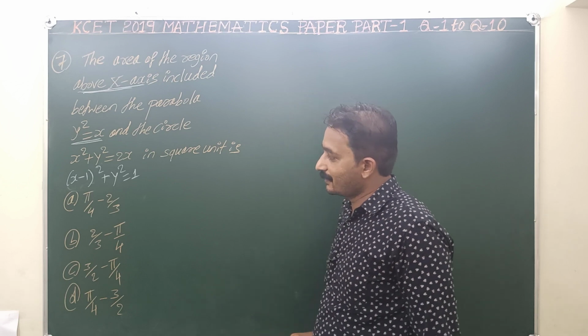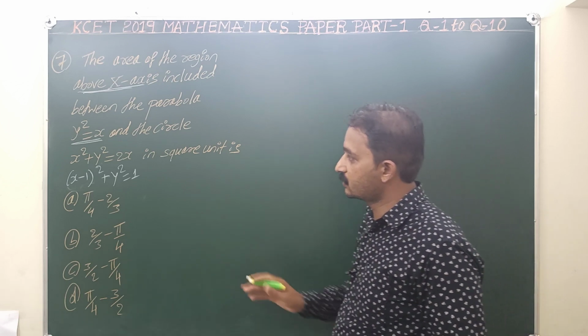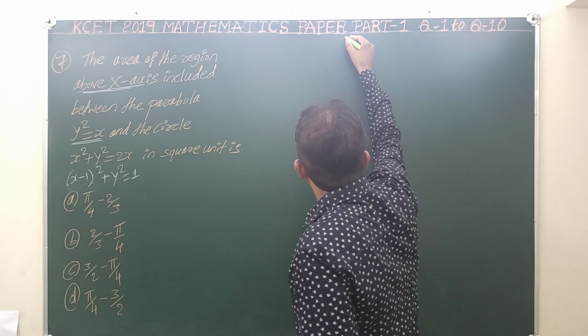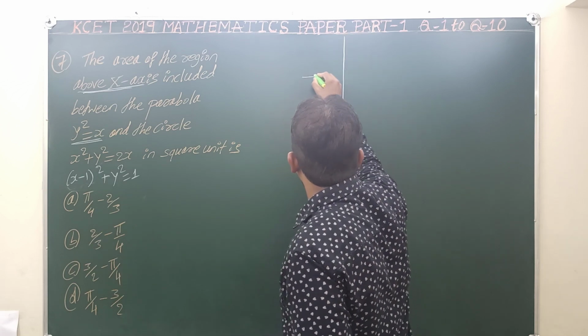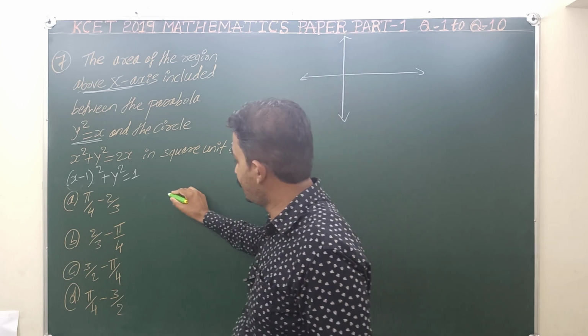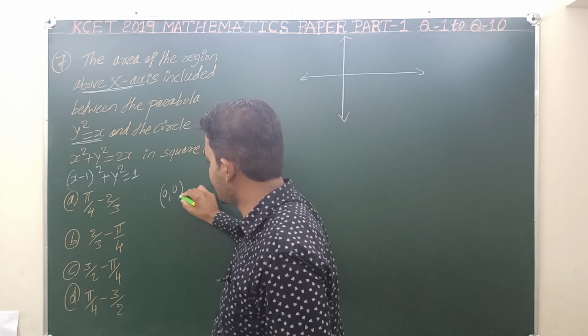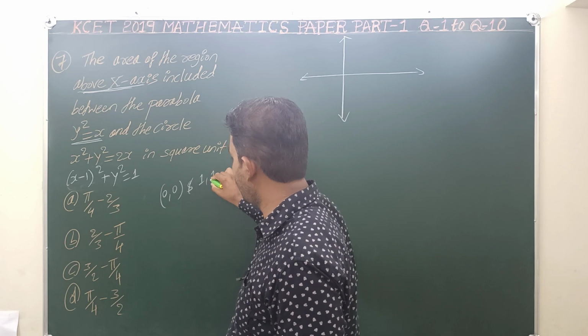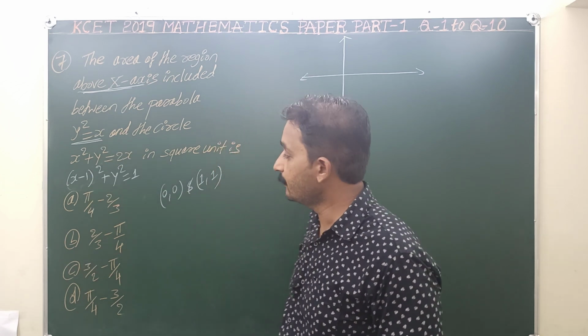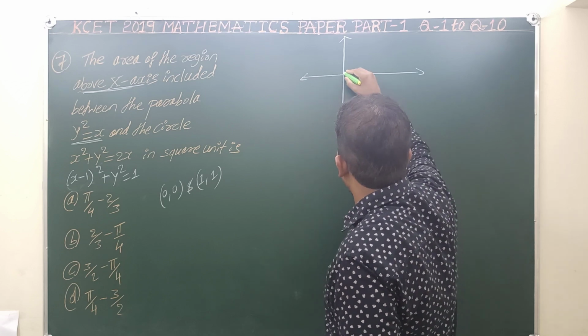So in this case we need a rough figure of these two graphs. Both the circle and the parabola touch at (0, 0) and intersect at (0, 0) and (1, 1), because these two points satisfy both equations simultaneously. Here we take the circle first.